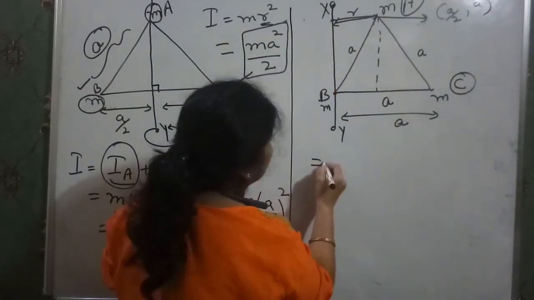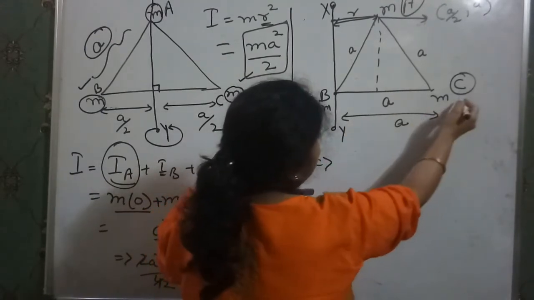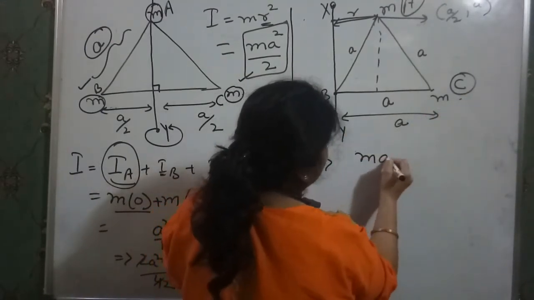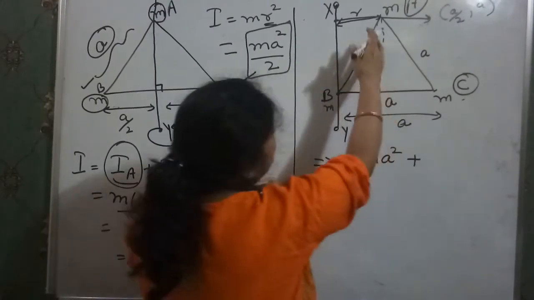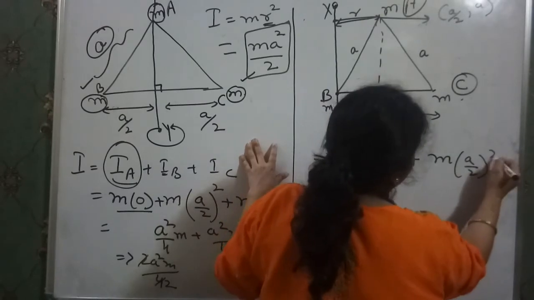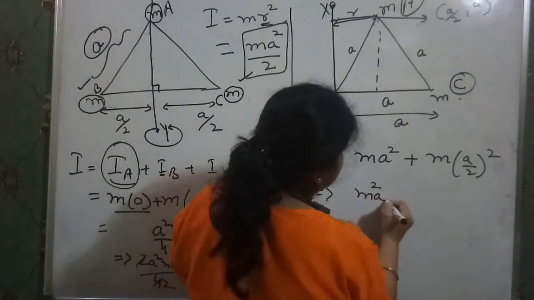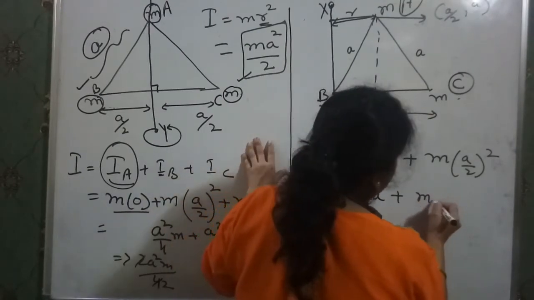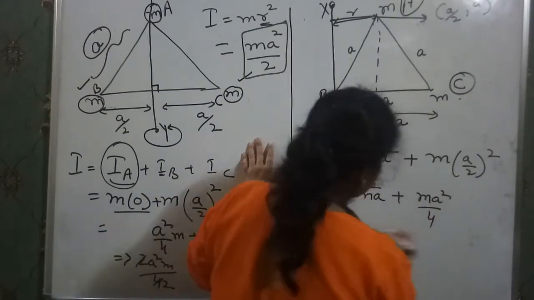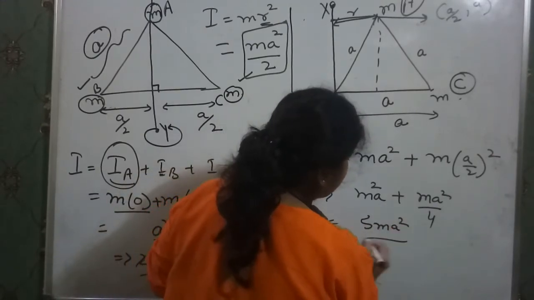So the moment of inertia is mr square. For C we have m a square, plus for this we have m times a by 2 whole square. Clear? So we have ma square plus m a square by 4. So 4 ones are 4, plus 1, that is 5 ma square by 4.